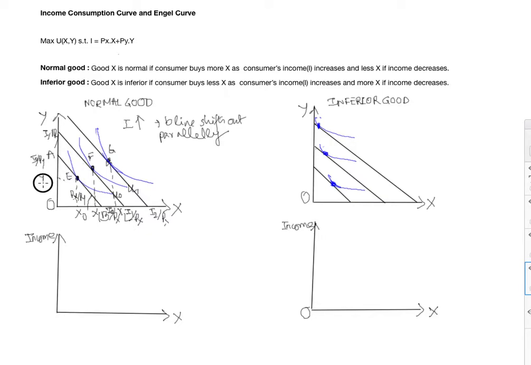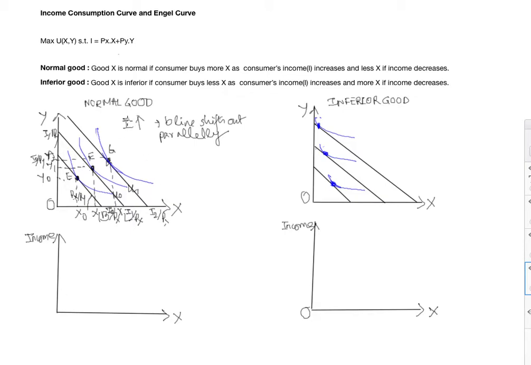Now let's look at Y. At E, the consumer's equilibrium had Y0 units of Y. On the new budget line with higher income, it increases to Y1, and with another budget line, it increases to Y2. So we have these three different budget lines corresponding to three different income levels.